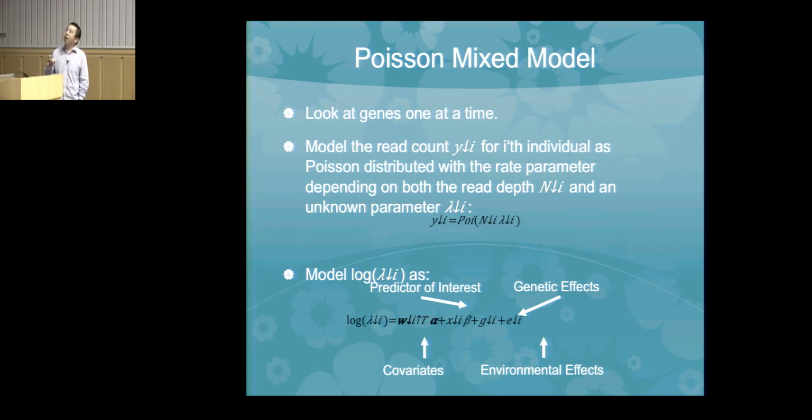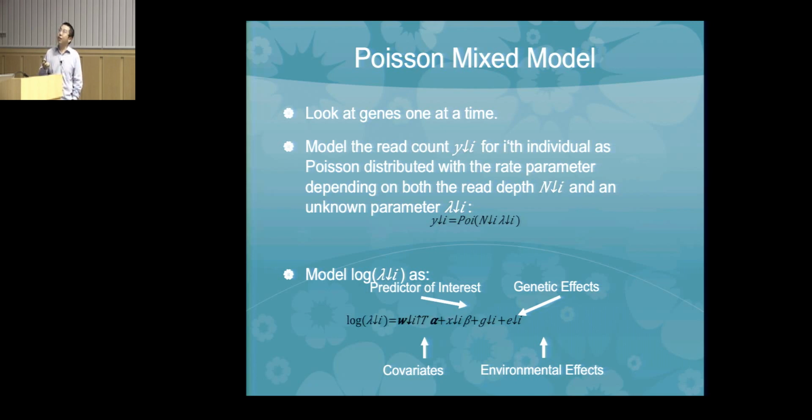Besides this, you also have your predictor of interest. This X is our predictor of interest, and it can be any continuous or discrete values. For example, if you are interested in identifying cis QTL, then X is your genotype vector coded as 0, 1, 2 copies of your reference allele.